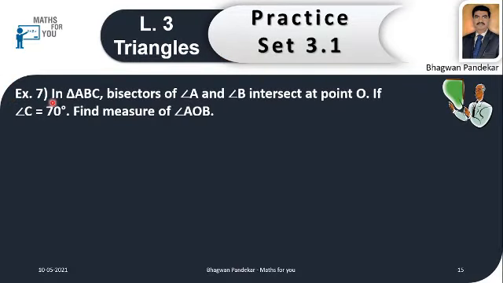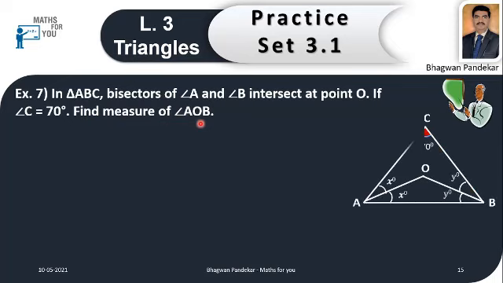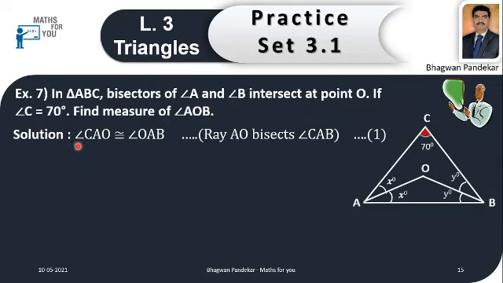Example number 7. In triangle ABC, bisectors of angle A and angle B intersect at point O. If angle C is equal to 70 degree, find the measure of angle AOB. Observing this figure, we can write the solution. Angle CAO congruent angle OAB. Reason is ray AO bisects angle CAB.